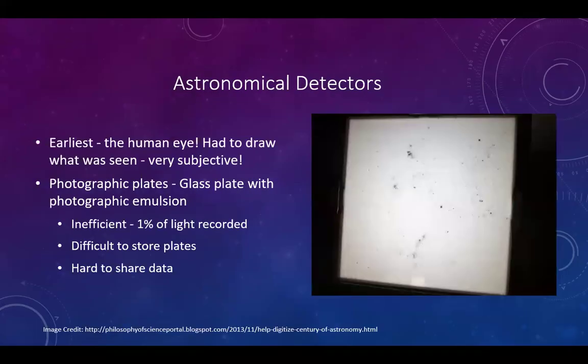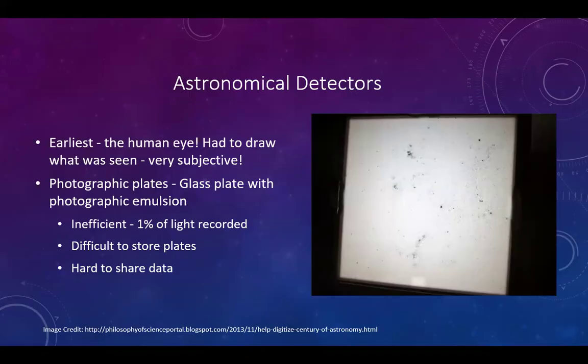Then we moved on to photographic plates. A photographic plate is a glass plate with a photographic emulsion on it. This has big advantages over the human eye. It can sit there and absorb light for a long time. But it's not efficient.